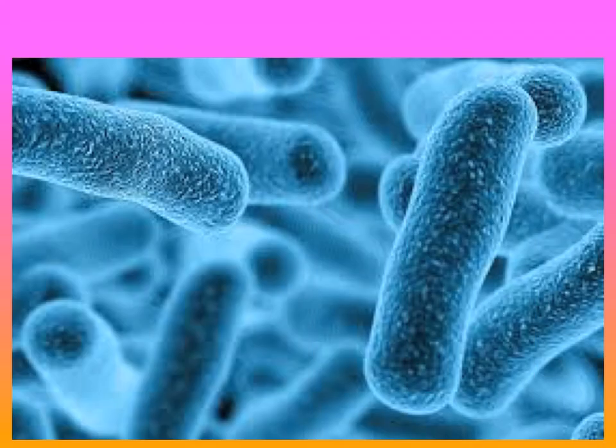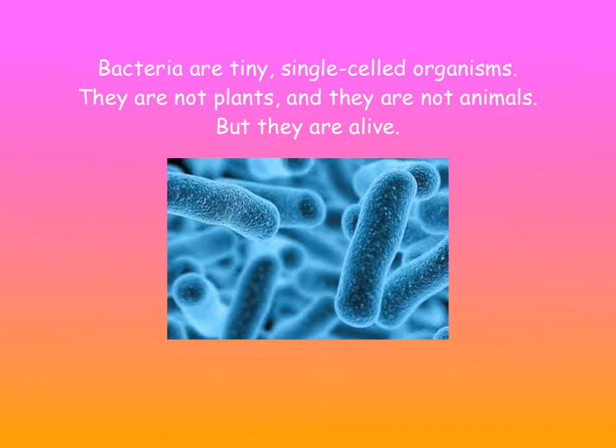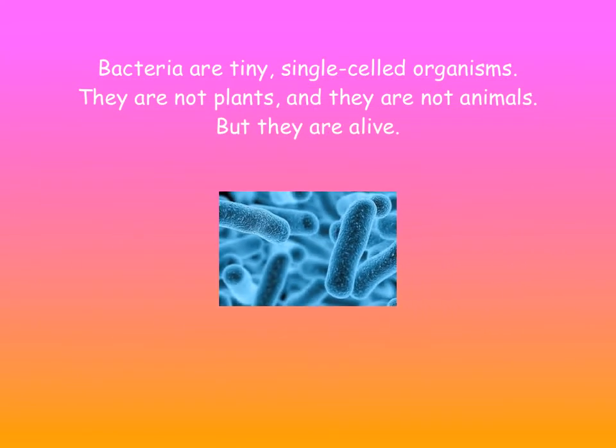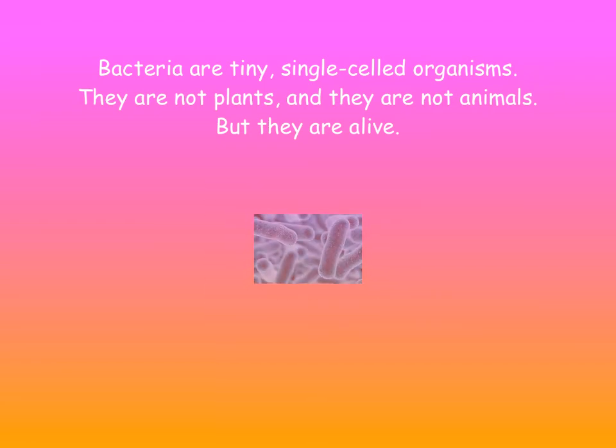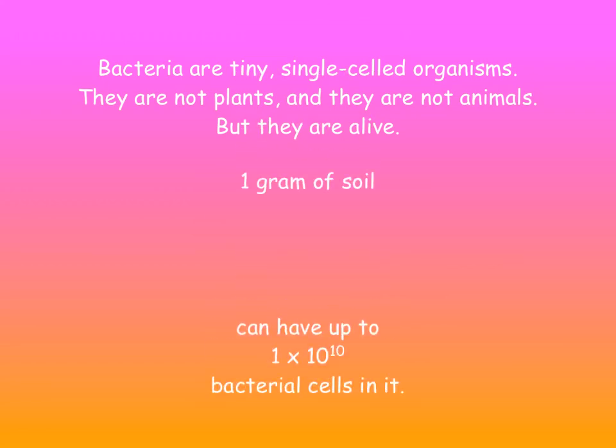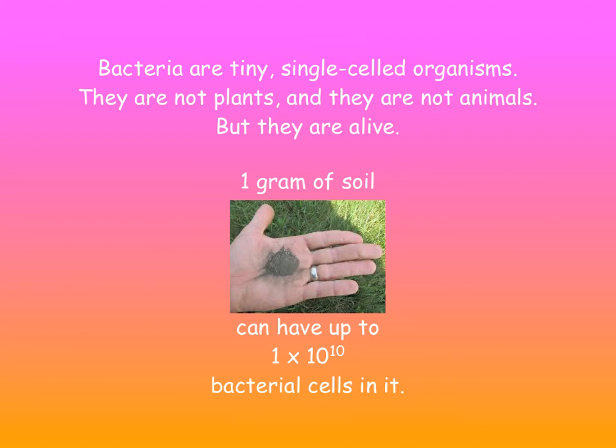Here's another example. Bacteria are tiny, single-celled organisms, so small you can't see them. They're not plants, and they're not animals, but they are alive. In 1 gram of soil, not very much soil, it can have up to 1 times 10 to the 10th power bacterial cells in it.